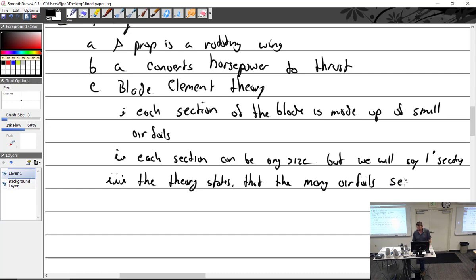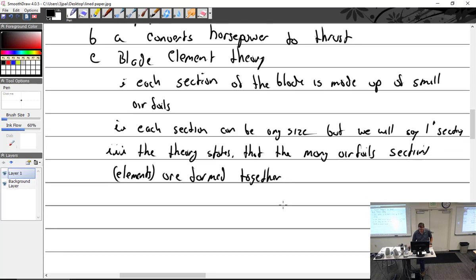Airfoil or airfoil sections or elements are formed together to create an airfoil or blade that can create thrust when rotated around a central plane.